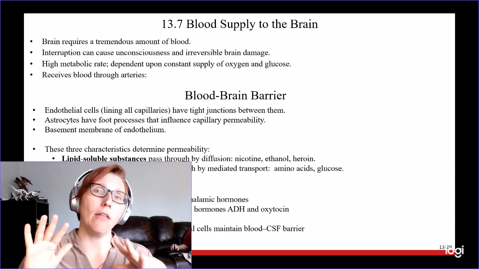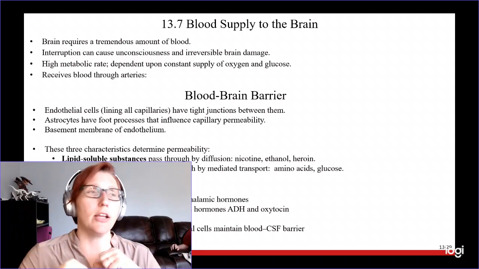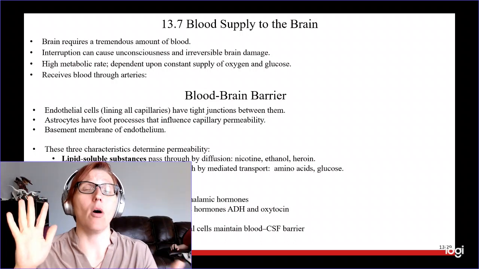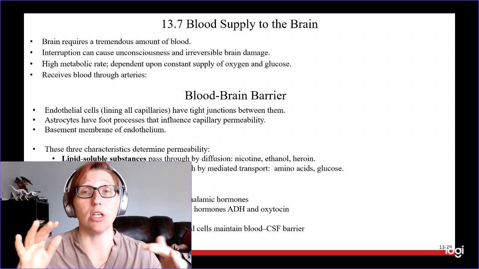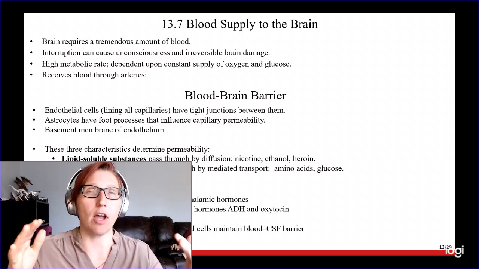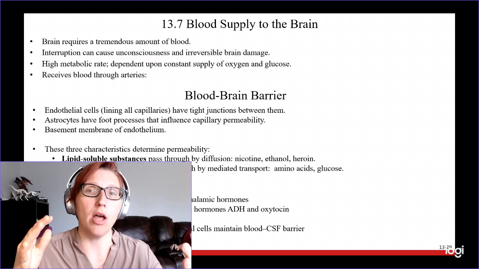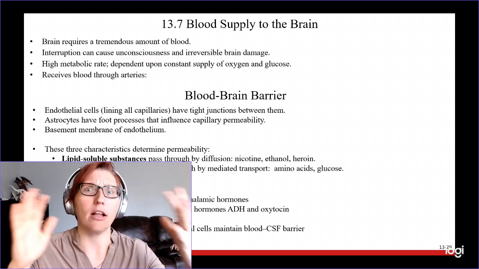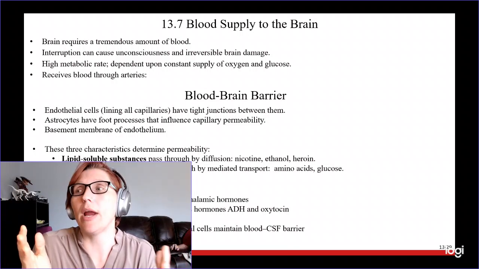And it is not the sort of thing that you want flushing over your brain. There's an entire class called bloodborne pathogens that is way too short, but it helps you get certifications for certain things in the medical field that talks about protecting yourself from all the really gross and disgusting things that are found in blood. Viruses, bacteria, lots of other things that do not need direct contact with your brain.